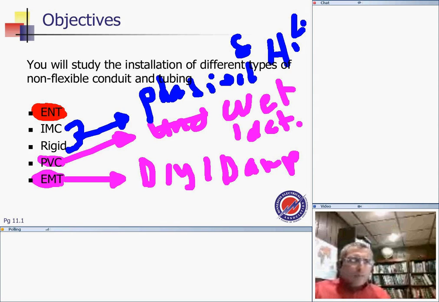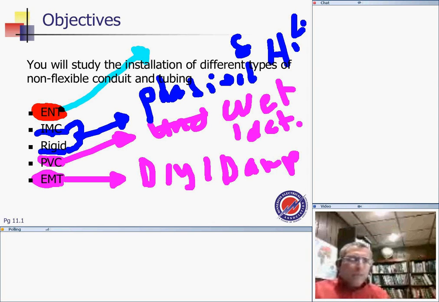These are the places where you're going to be using them. You really don't want to use rigid or IMC just because. So these are the two conduits of choice in physical protection, to protect the conductors from physical damage, and hazardous location. Feel free to inject your ideas on that one. Now the last one, ENT. I have seen a lot of two applications for ENT.